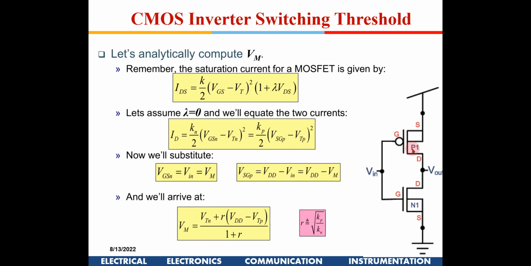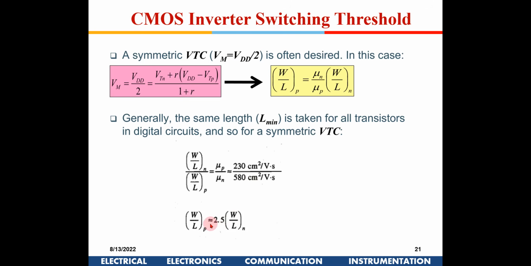And now the mobility of PMOS is 2.5 times lower than that of the nMOS, and to compensate for that, I will keep the width of the transistor 2.5 times, so that they become equal current carrying capacity transistors to get a symmetrical curve. So because of the mobility issue, the PMOS is generally kept 2.5 times bigger than the nMOS. Is this thing clear to all of you? Is it okay?